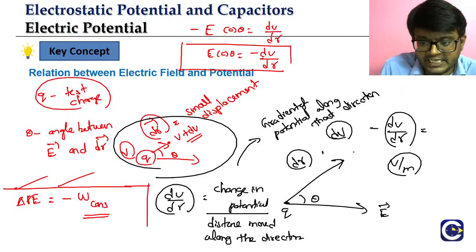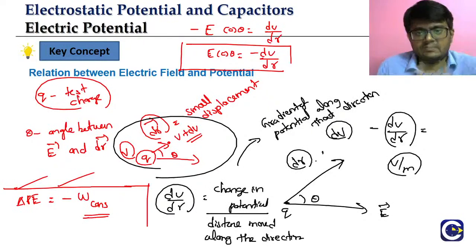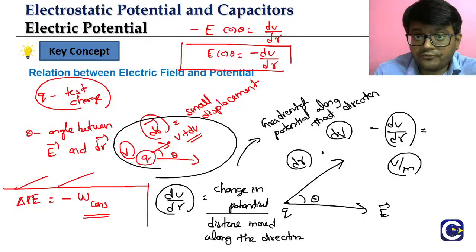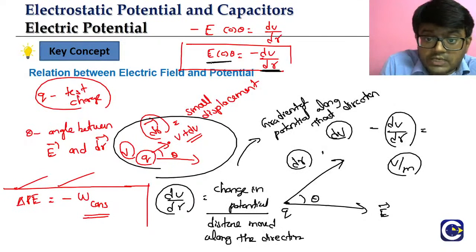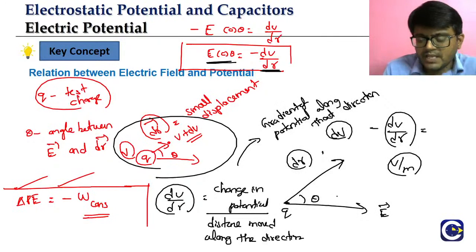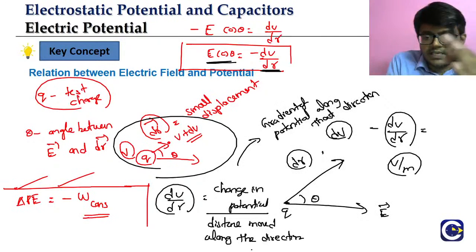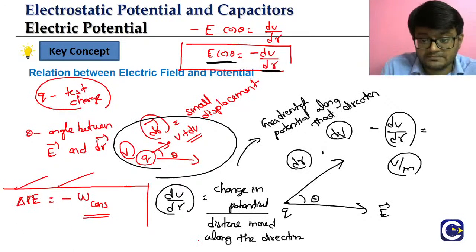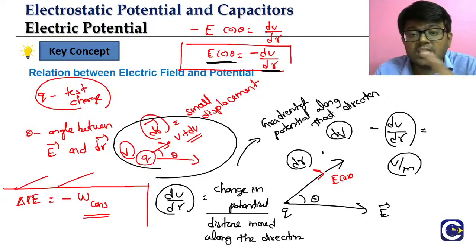Now what is the direction we have taken? The direction along the dr vector. So the negative of the potential gradient in a direction will be equal to E cos theta. Do you know what E cos theta is? Now look, E is like this. It is making an angle theta with the direction of the displacement. So what is this E cos theta?